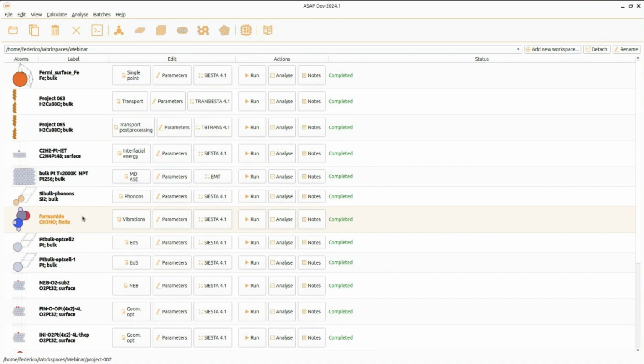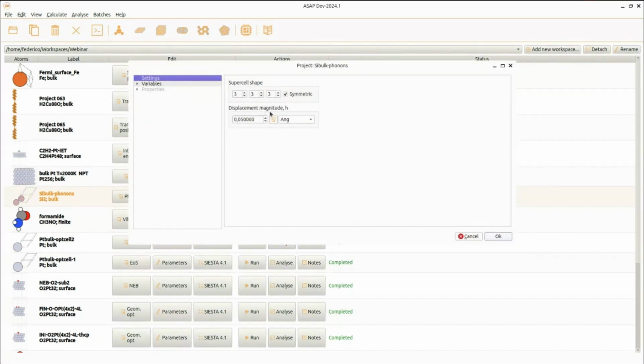Vibrations is usually a project that is used for a finite system or for a system, as you saw before, when we have a slab plus a molecule. For a bulk system, it's possible to compute the phonons. In the input parameters, you can set up the supercell shape and the displacement magnitude.